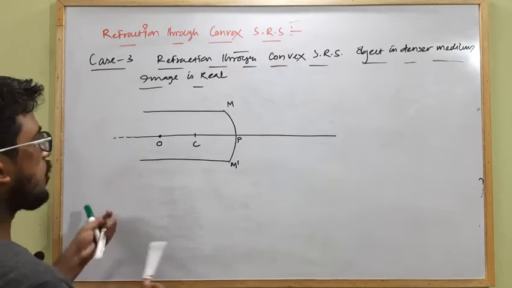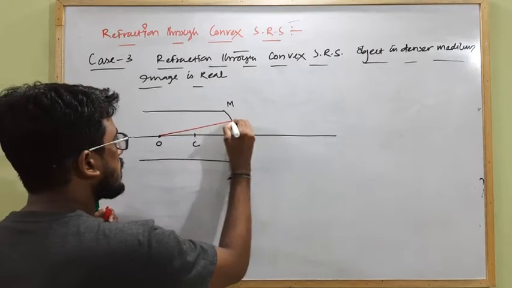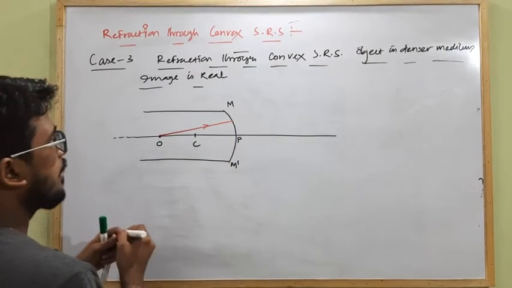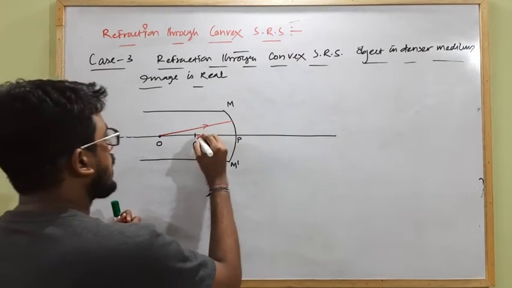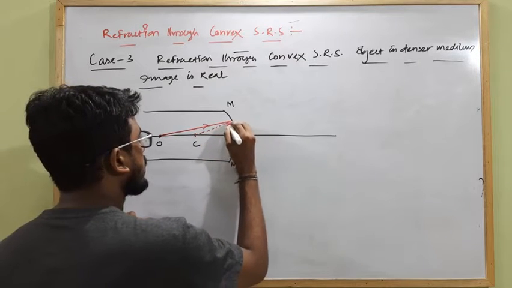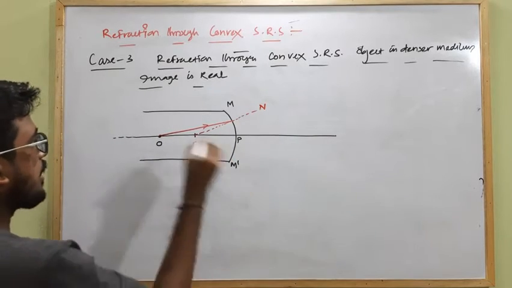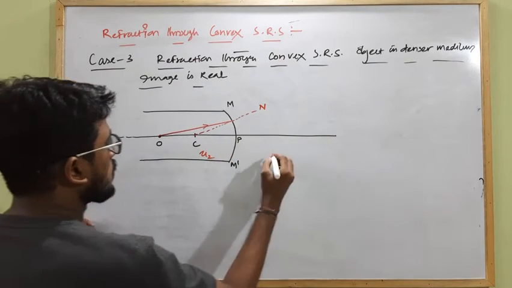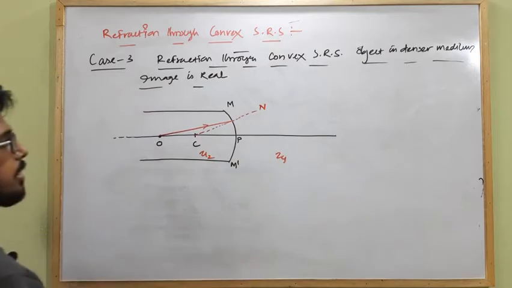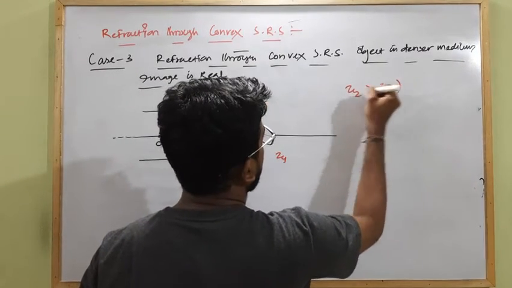Now we have to draw the incident ray. This is the incident ray which travels along this direction, let it be I. And as this is the center of curvature, the normal will be this one, NC, and this is mu2, this is mu1. Here mu2 is greater than mu1.